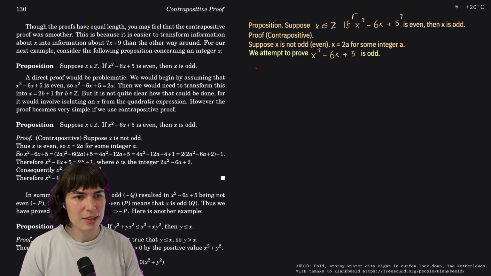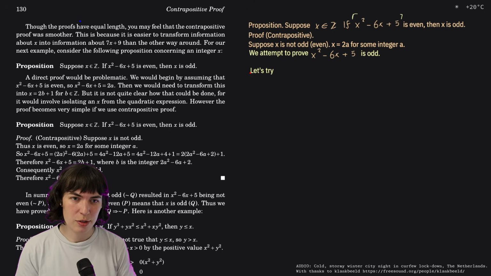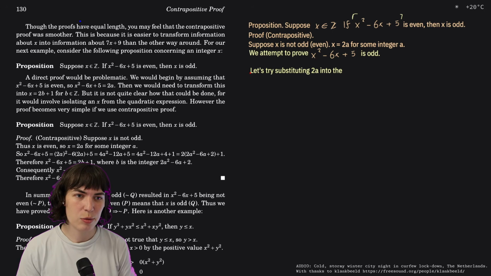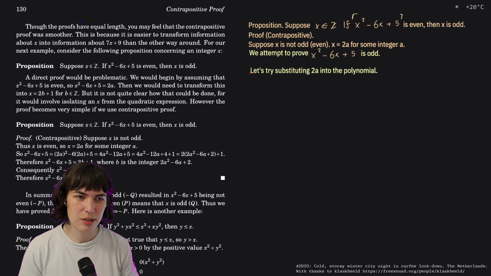Now for that, we could try substitution. Let's try that. Let's actually write that down. Let's try substituting 2a into the, what's that called again? Is that right? That's probably right.